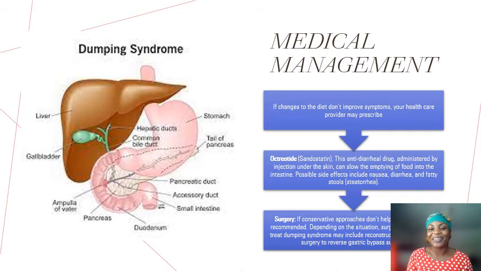Another medical management that the doctor can prescribe is surgery. In case nothing else works, depending on the situation, the doctor can do a reconstructive surgery or reverse gastric bypass for people who went through gastric bypass.